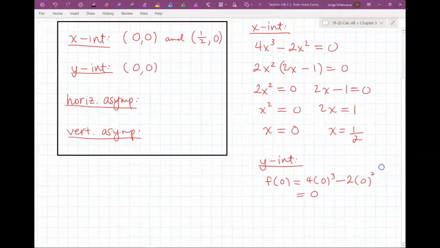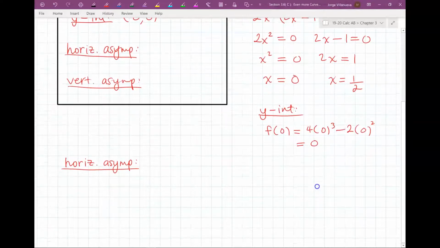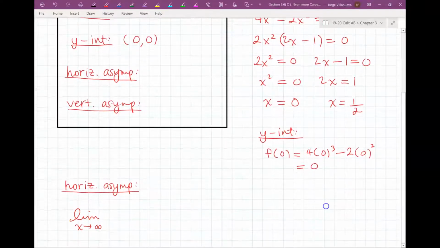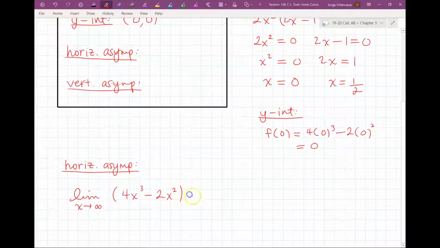Now for your horizontal asymptote, remember you take your limit. So I'm just going to write limit as x approaches infinity of 4x cubed minus 2x squared. So if I take the limit of that, there's nothing I can really do. I can't factor it to really help me do anything.